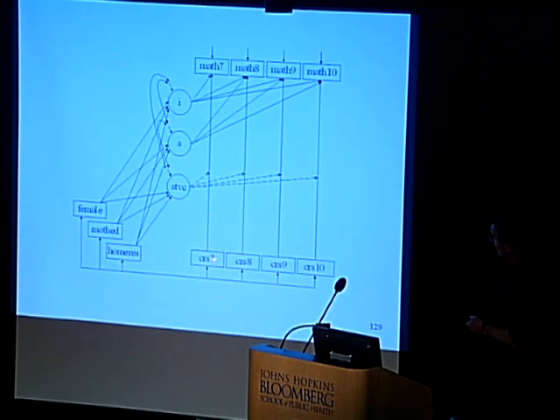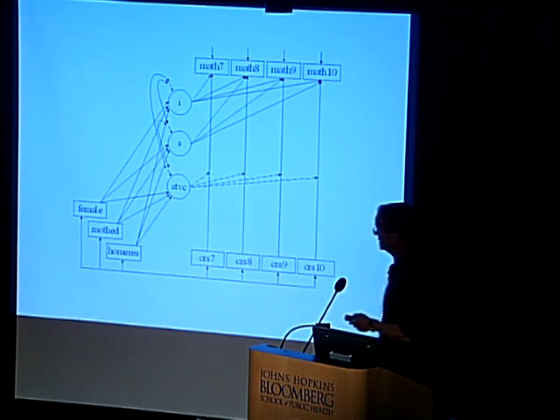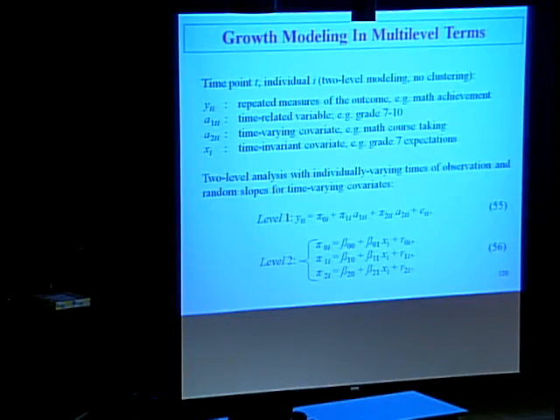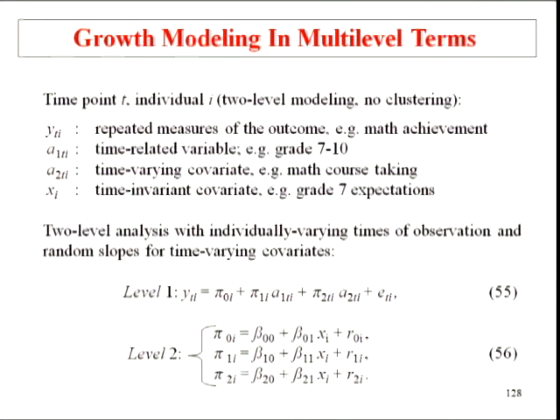And the influence of the time-varying covariates onto the outcomes now has a random slope sitting here. And that is the pi 2 sub I, which we have renamed. We don't like the pi 2, so we call it STVC, slope for a time-varying covariate, to make it a little bit more humanized.